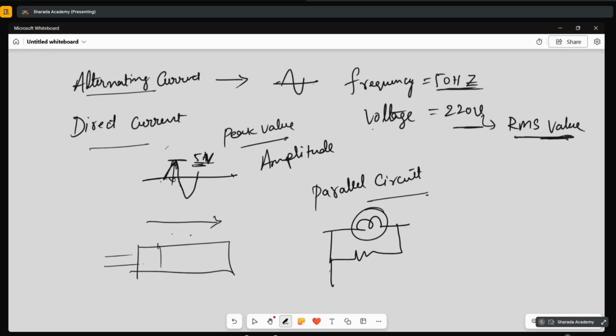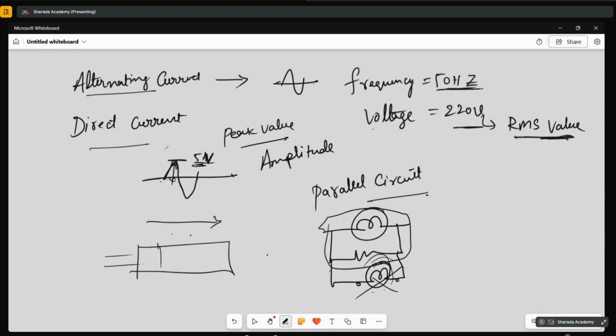So that if one appliance has an open circuit, all other appliances can still be used because the circuit is still complete.